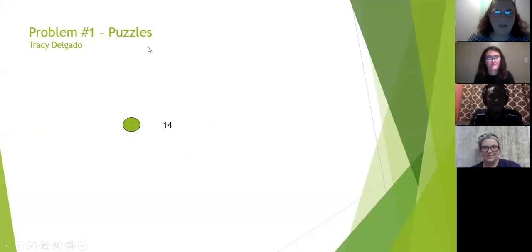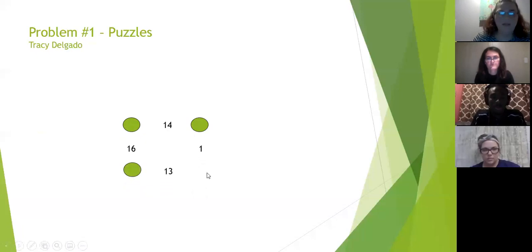Okay, we were given a circle, a blank circle. There was a 14 in the middle, another blank circle, 16, a blank circle, 1, and then our 13, and then our last blank circle. So I did 9 plus 5 equals 14.